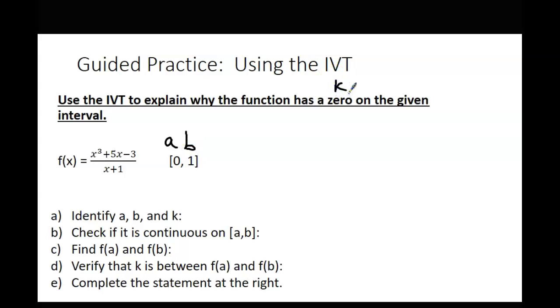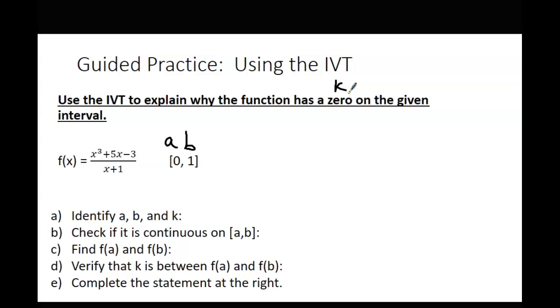Okay, so we got to understand the language here. What's the 0 of a function? You don't know what a 0 of a function is? That's actually a vocabulary word.